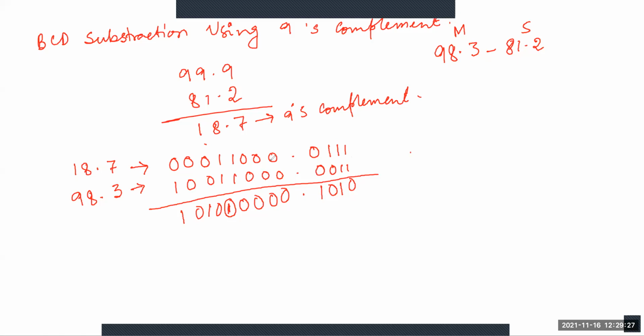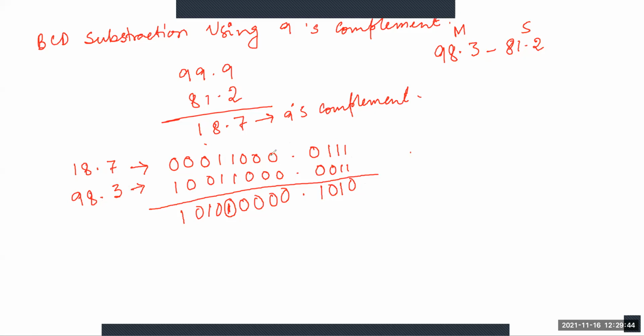Now the second digit, from right to left. Here the second digit is 8. For 18.7 it is 8, and for 19.3 it is also 8.